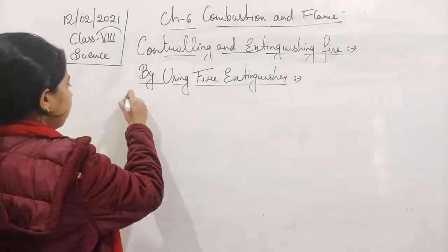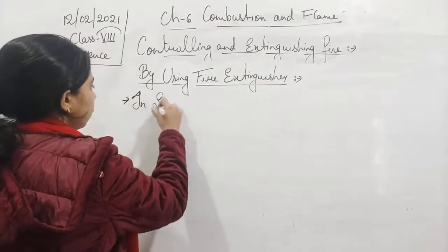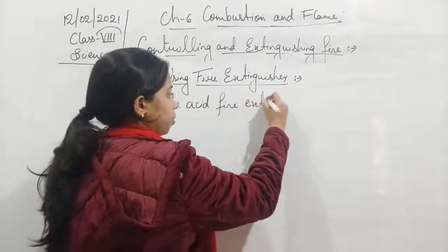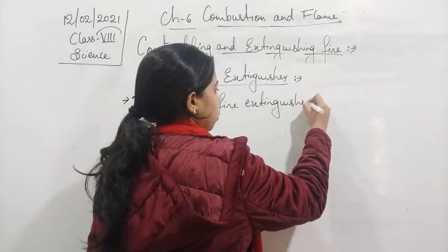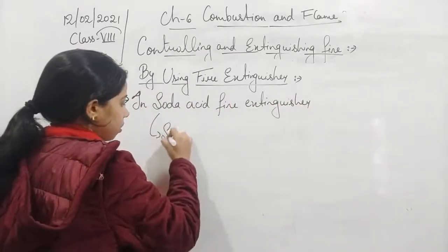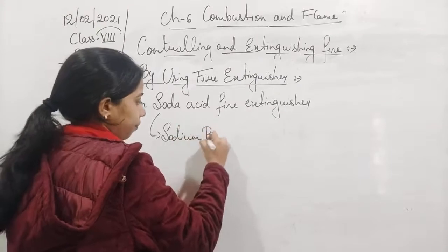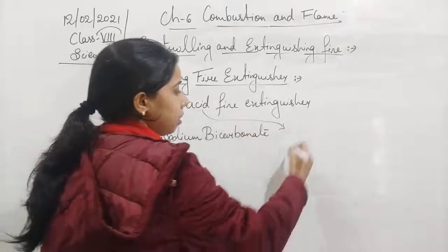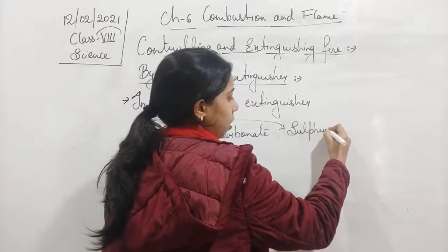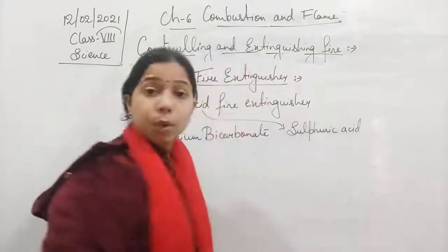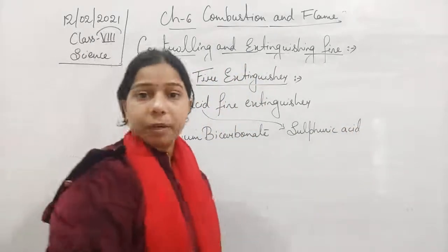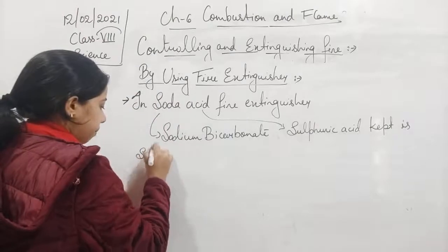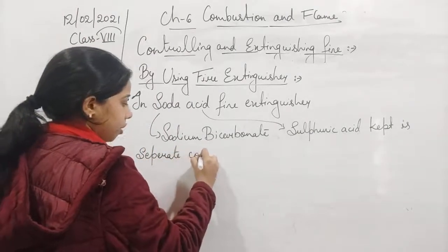So we can write that in a soda acid fire extinguisher, there are two things. Soda is meant for sodium bicarbonate and acid means sulfuric acid. Both of them are kept in separate compartments.